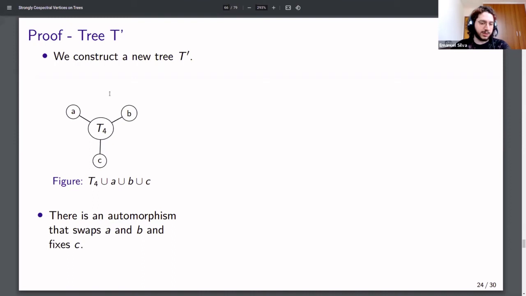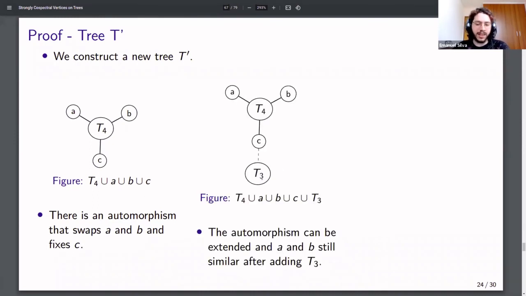So let's say that this automorphism swaps A and B and fixes C. If we attach to C its limbs, that is connect T3 to C, we can extend the automorphism and still have an automorphism that swaps A and B, but fixes C. Therefore, C cannot be strongly cospectral with A and B.